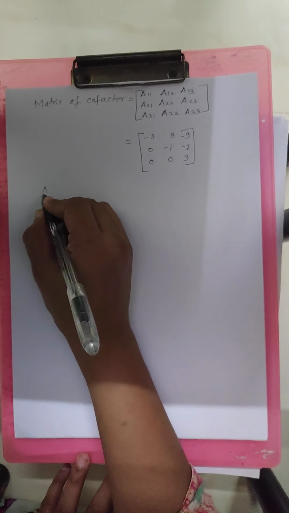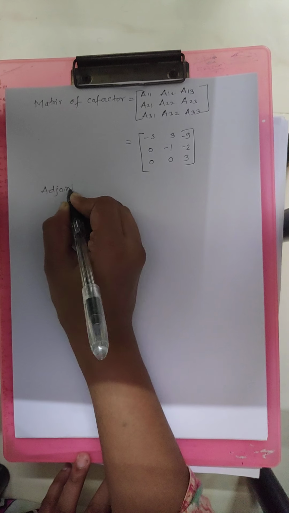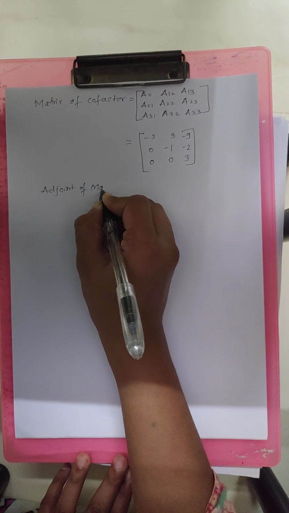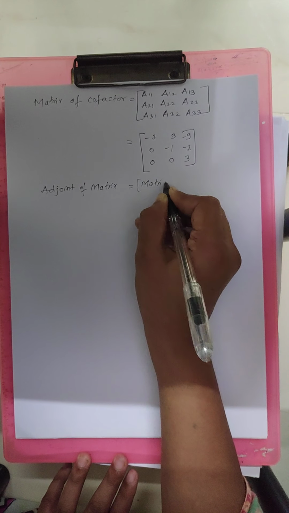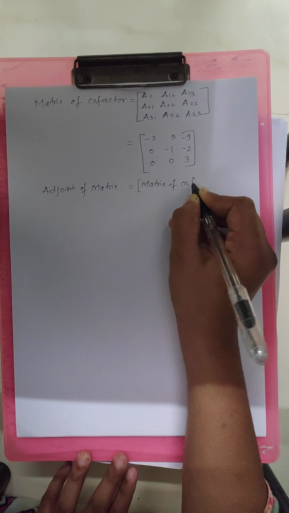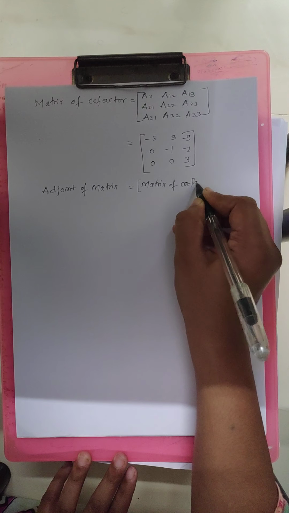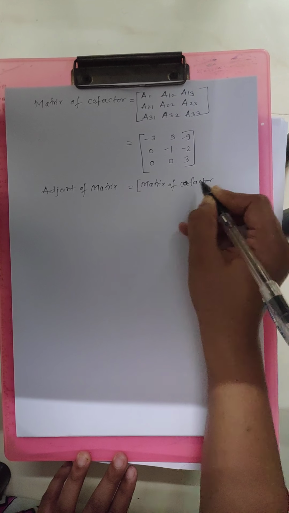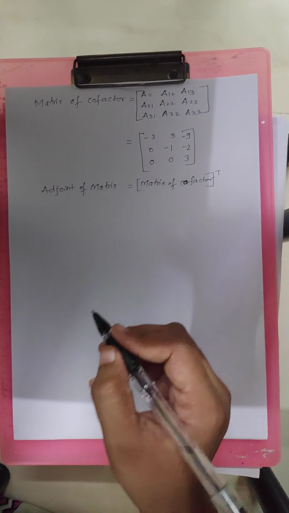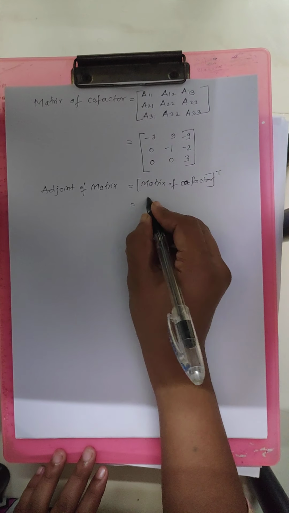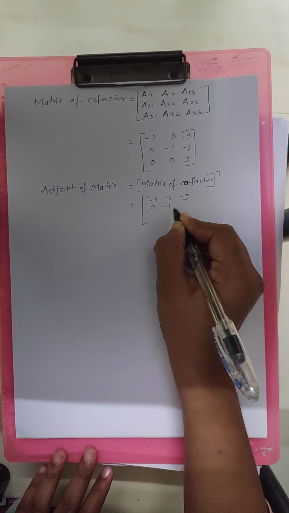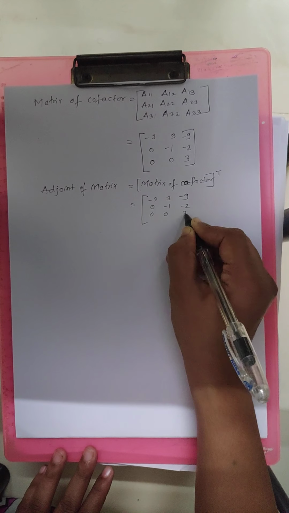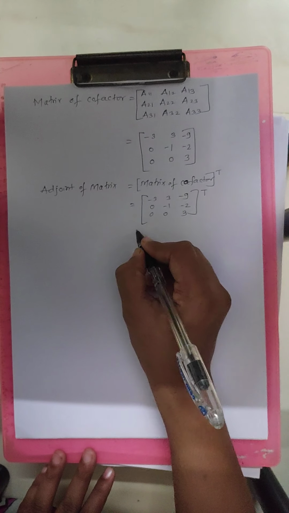Now you have to find the adjoint of the matrix. What is the adjoint of a matrix? The adjoint of a matrix is the transpose of the matrix of cofactors. So minus 3, 3, minus 9, 0, minus 1, minus 2, 0, 0, 3, and transpose.